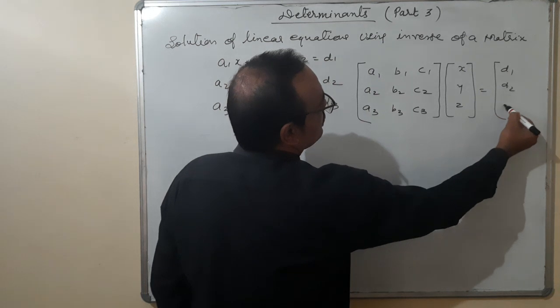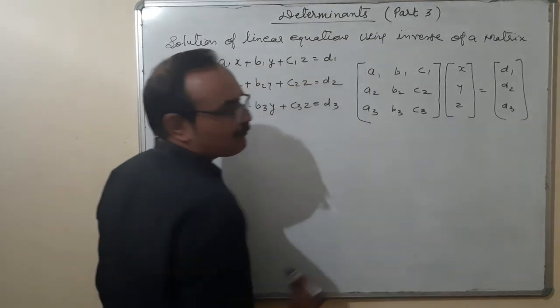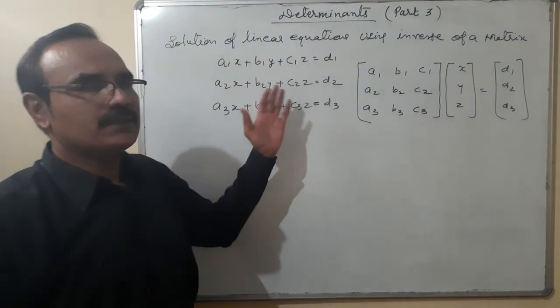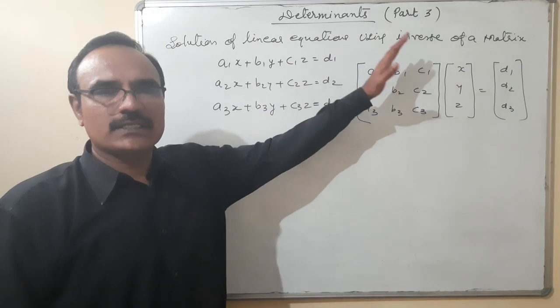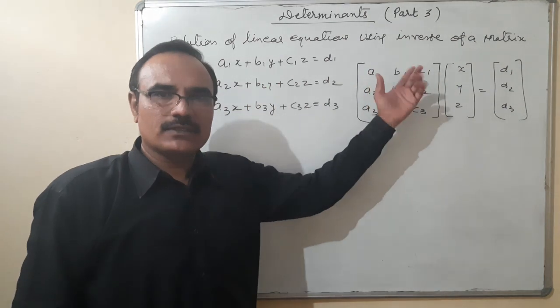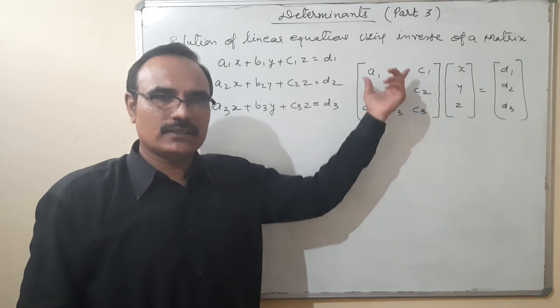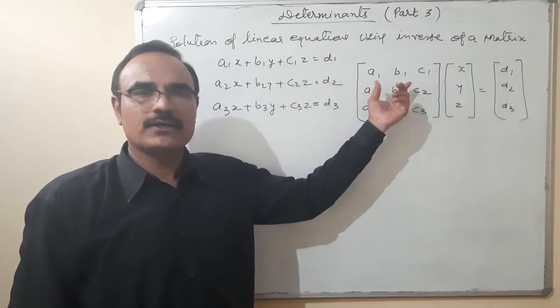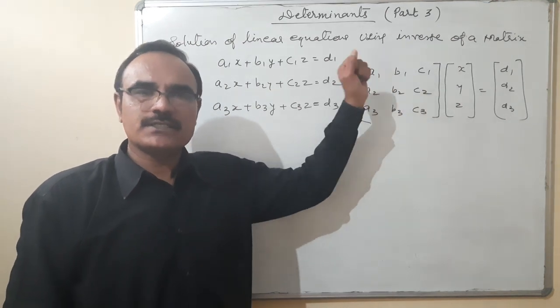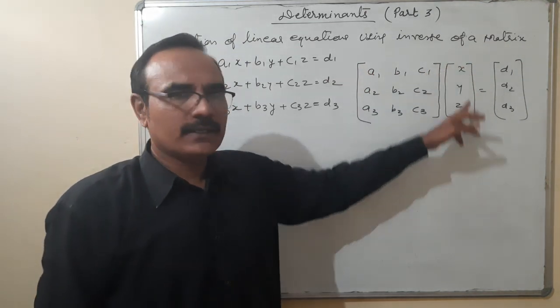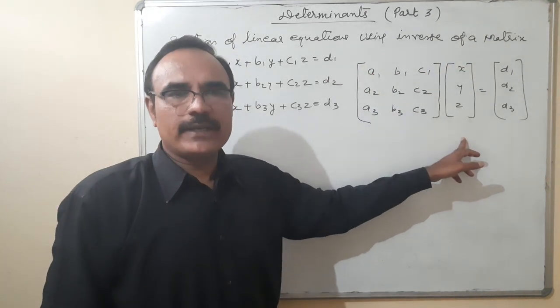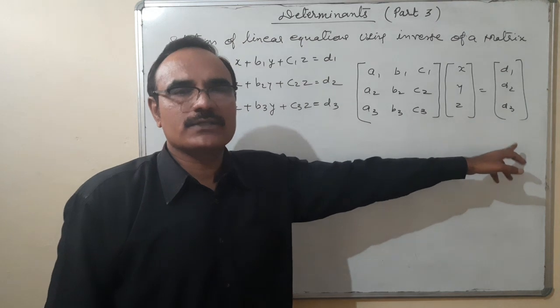The linear equations can be expressed in this form, where these are the elements of the matrix with all the coefficients, these are the variable terms, and these are the constant terms.